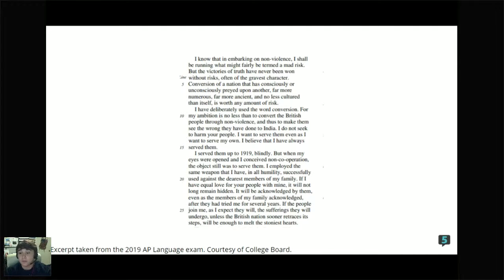There might be times where you don't know the answer to why some words were picked. Why did Gandhi choose to use to melt the stoniest hearts? Well, maybe because it's a saying, or maybe because he intended to evoke that image of a stone literally melting, of that sense of peace and this sense of, we will follow blindly, melting.